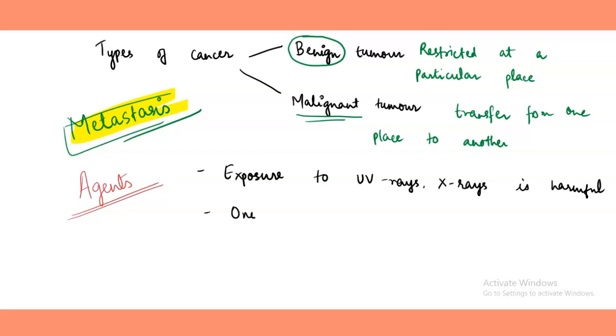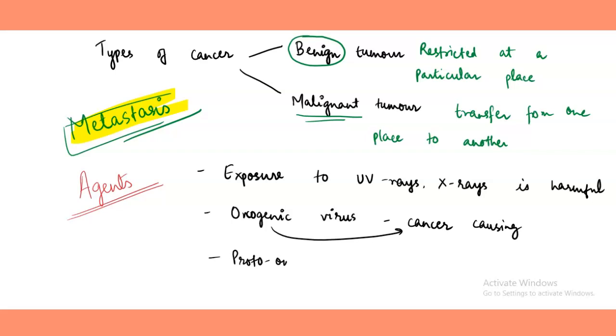And there are viruses which are also responsible for giving rise to cancer. Such viruses are known as oncogenic viruses. Oncogenic means they are cancer causing. Human beings also contain proto-oncogenes, and when these genes become active, then a person suffers from cancer.